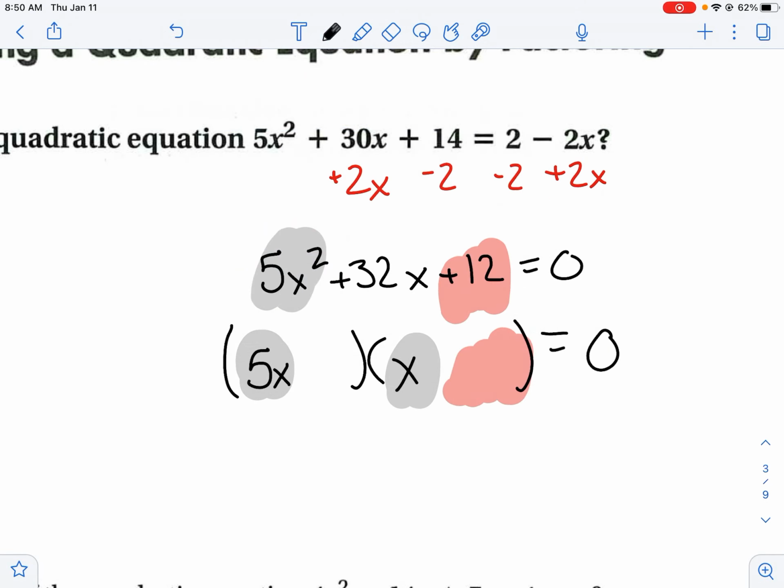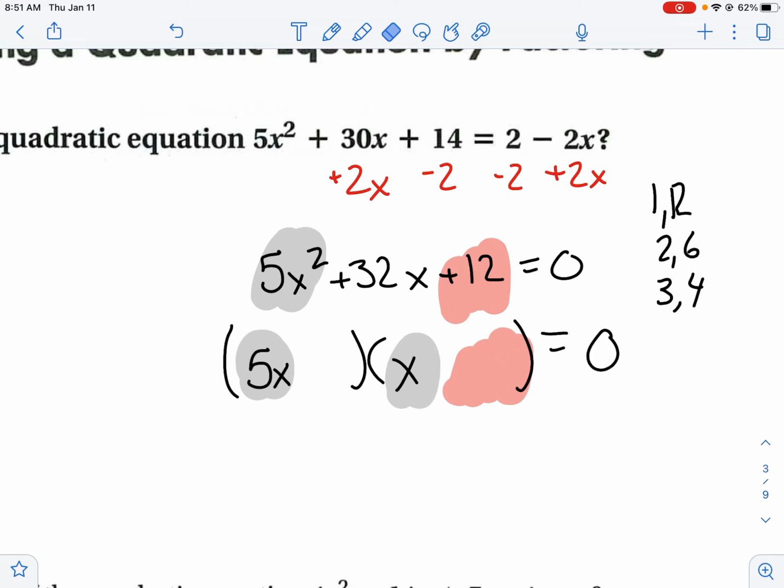So you notice our options are 1 and 12, 2 and 6, 3 and 4. You could try 1 and 12. If you put 1 there and 12 there, it's different than putting 12 there and 1 there. You could try 1, 12 and 3 and 4 and they're not going to work.